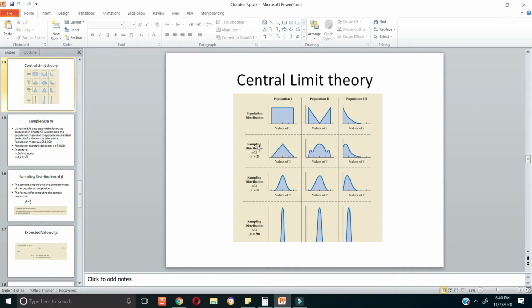When the sample size is small, when n is equal to 2, you have this sort of sampling distribution. But then the sampling distribution begins to smooth out as n becomes bigger. For n equal to 5, you already have a smooth normal distribution. The same applies to this V-shaped population distribution.